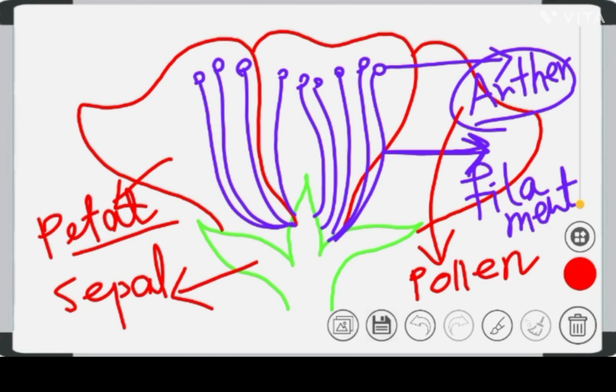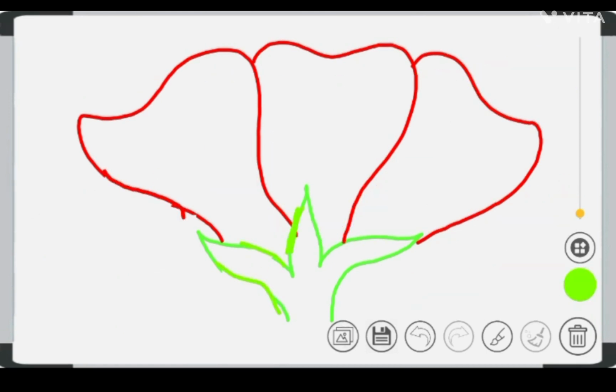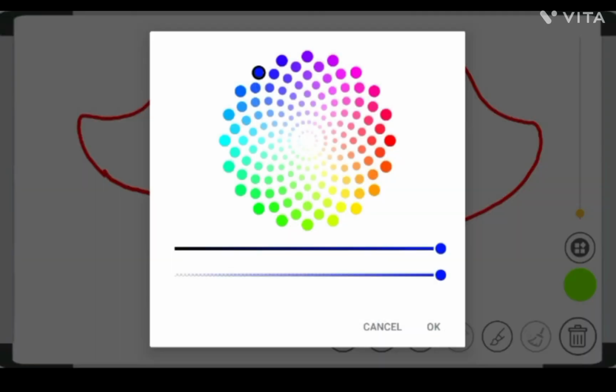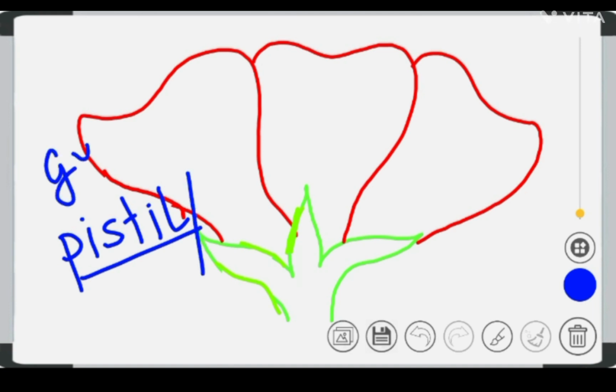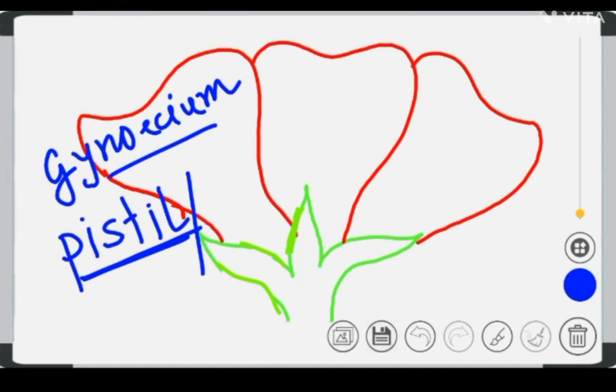Now we will go for the female part. Students, we are going to start about the female part of the flower. As I have said, the female part of the flower we call the pistil, but sometimes it is known as the gynoecium also. Whatever it is, we will talk about what the pistil is and what structure it has.